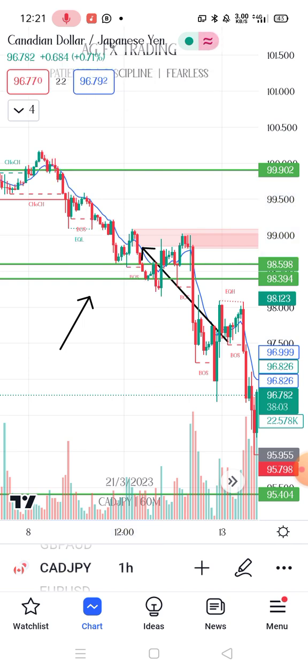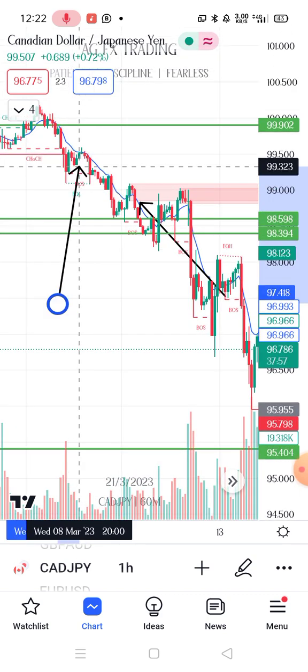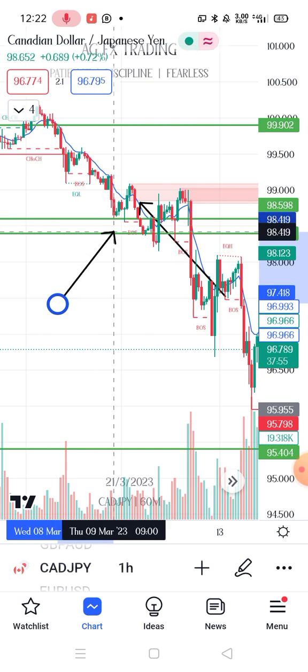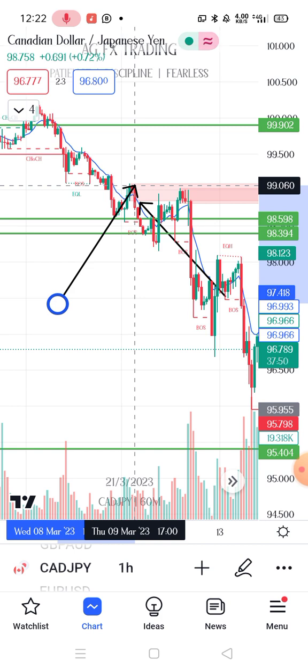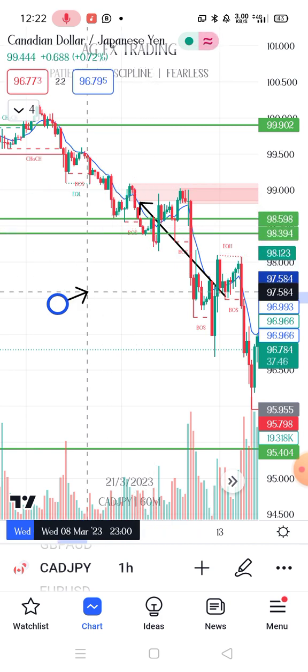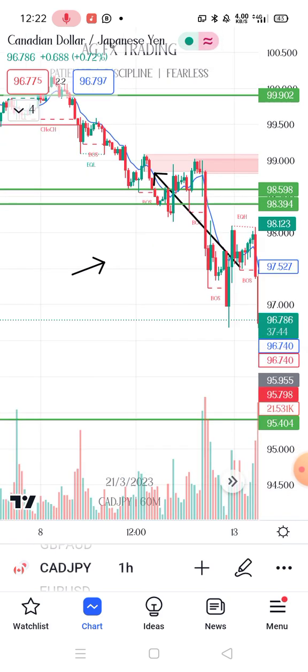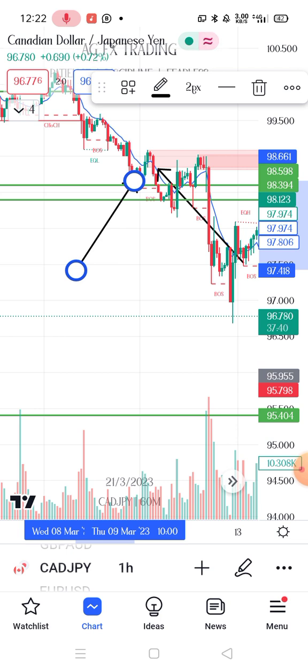So when it makes this impulsive move and a corrective move, now the impulsive move after the corrective move should break this one here, this candle I'm pointing at.